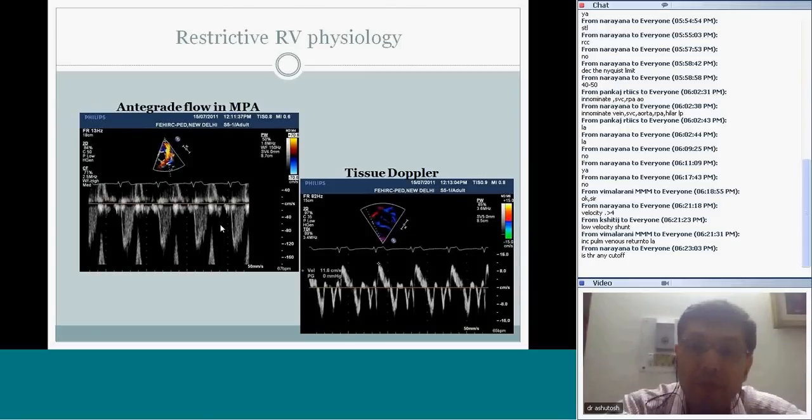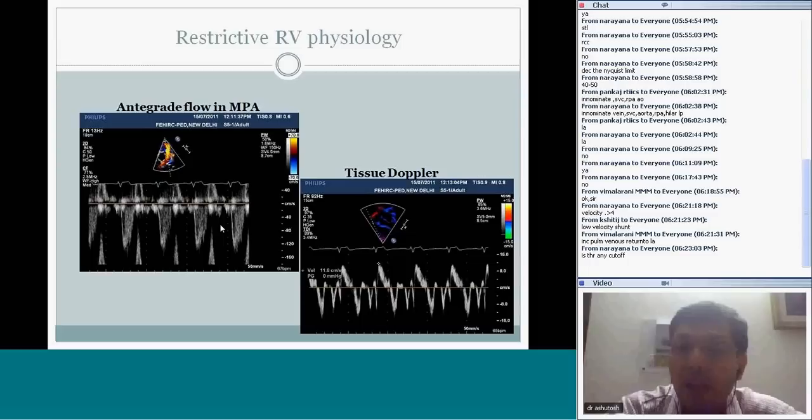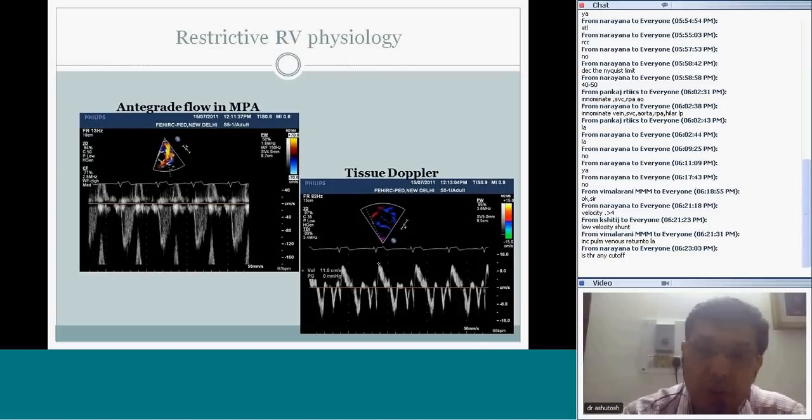So patients with restrictive RV physiology in the immediate post-op period can go into a low cardiac output state, where you may require to support them, but in the long term restrictive RV physiology has been found to be better for these patients, and their RV does not dilate as much, even with free PR. So it is sort of a protective mechanism.